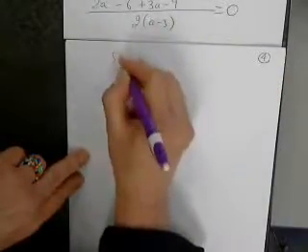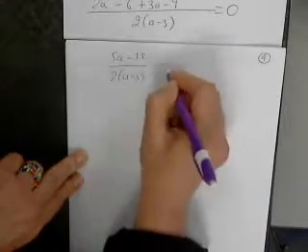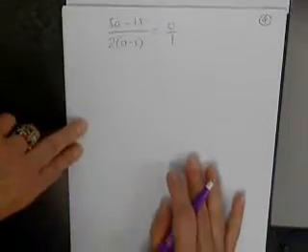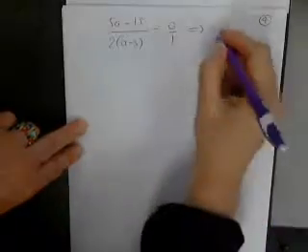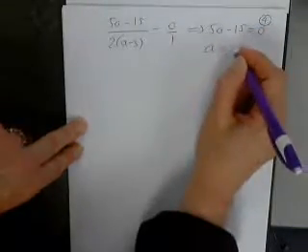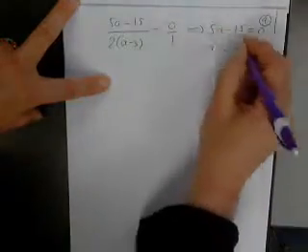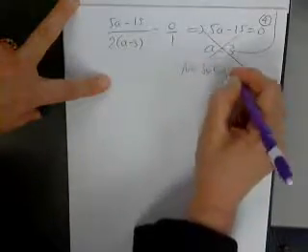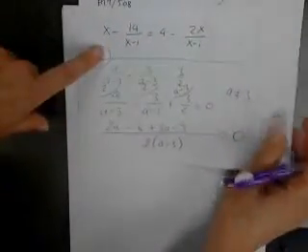You said 5a minus 15 over 2 times a minus 3 equals 0 over 1. Therefore, from here, which means a equals, good. What do we conclude? Okay, problem 19, please.